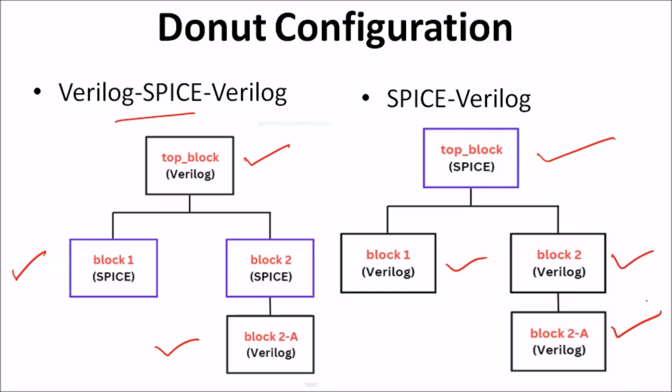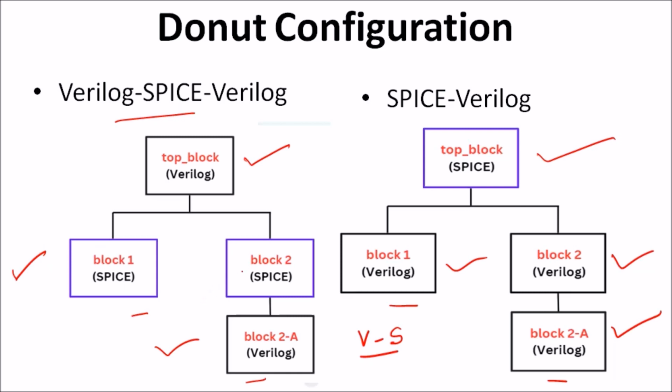Here one more thing: we know that the bottom cells of the hierarchy are known as leaf cells. Here these two are bottom cells of the hierarchy, so those are called leaf cells. There is one more thing, the multi-view cell. A multi-view cell is a block that has definitions of both Verilog and Spice. How is the view selected? The tool selects a default view for that block.